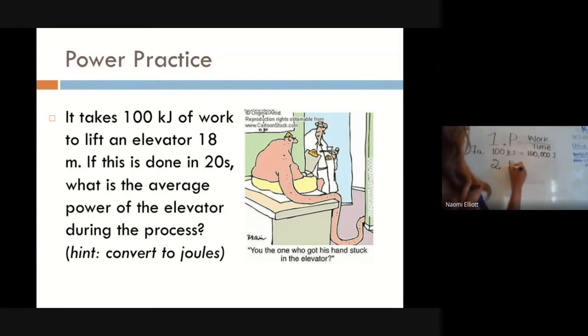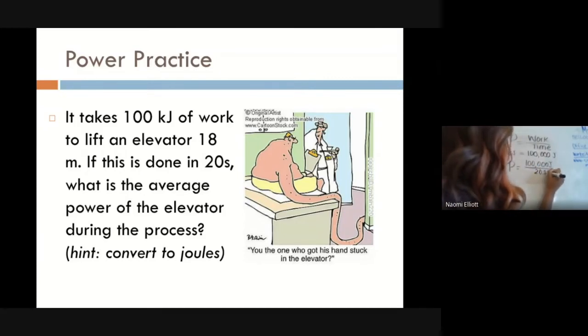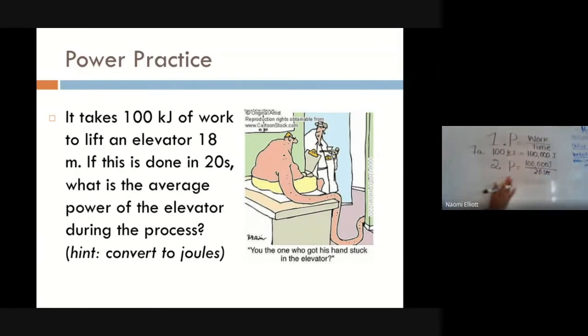The amount of power I have, it took 100,000 joules to go up 18 meters. And it was done in 20 seconds. Okay, now some of you guys are probably wondering, why did we have that additional information about the 18 meters? It's just telling you how high it went up.